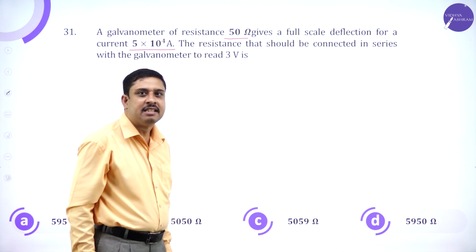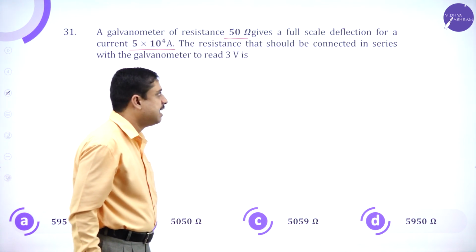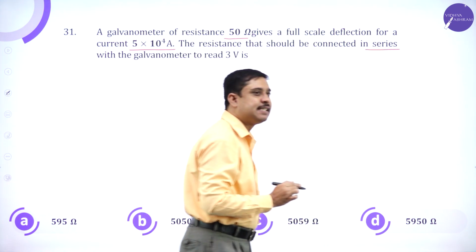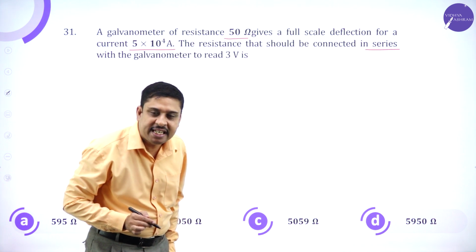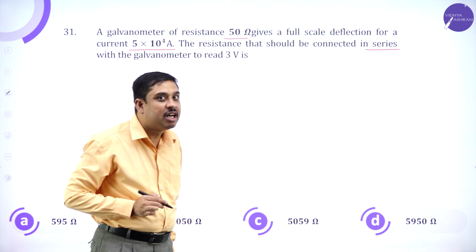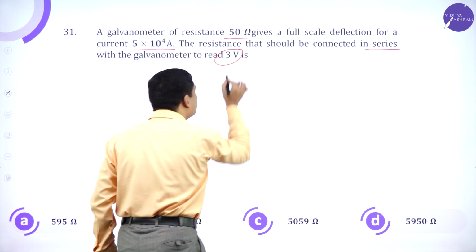The resistance that should be connected in series. The moment I say resistance connected in series with the galvanometer, that means the galvanometer is converted into a voltmeter. What is the voltage it should read?